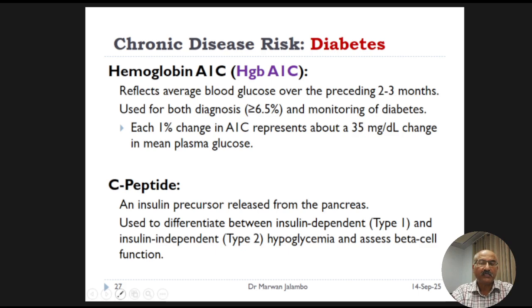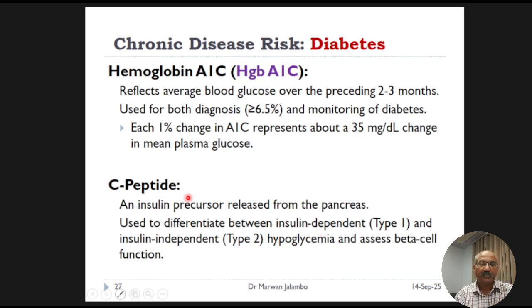Another useful test is C-peptide. C-peptide is a fragment that is cleaved from proinsulin when it is converted to active insulin in the pancreas, and it's released in a 1:1 ratio with insulin.